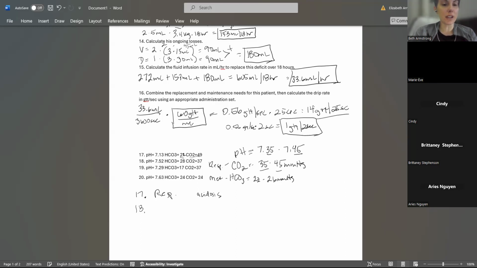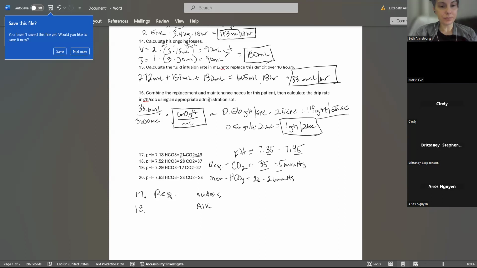Okay, so 18. pH. Acidosis or alkalosis? Alkalosis, very good. And then HCO3 and CO2, which one is not in the normal range? HCO3, good.